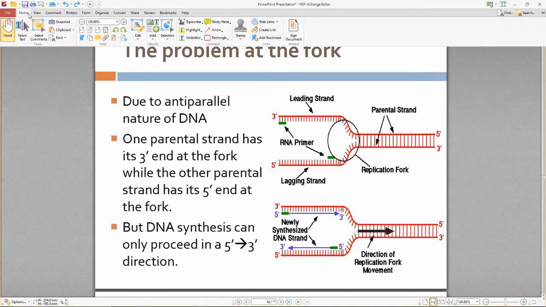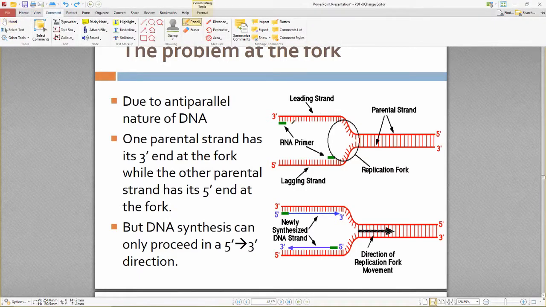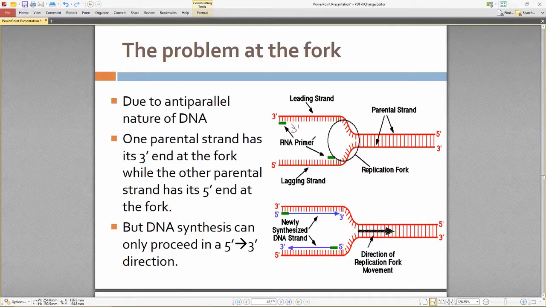Here, let me write. So this would be 3', and that's perfect because that means that DNAP can just chug along this way. But if this is 5' here, then on this side, the lagging strand, 3' is over here. Did I get that right? Yeah, I think I got that right.